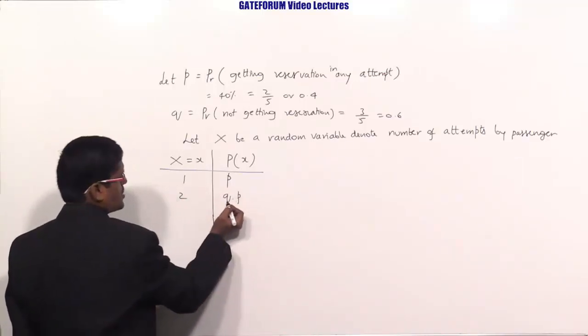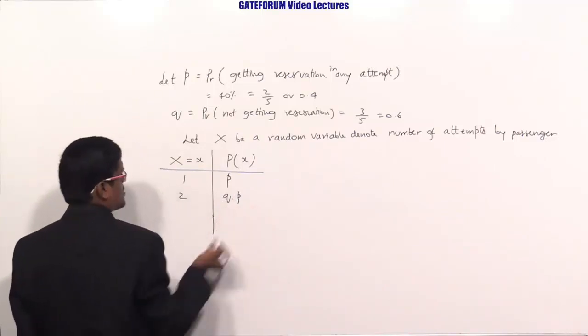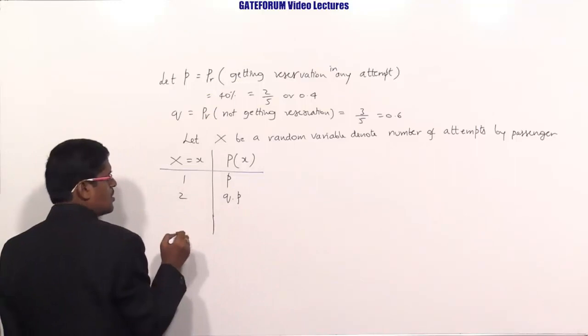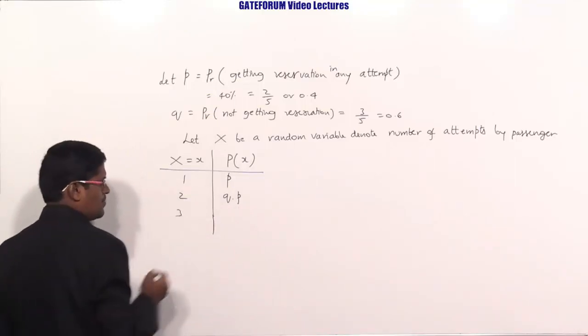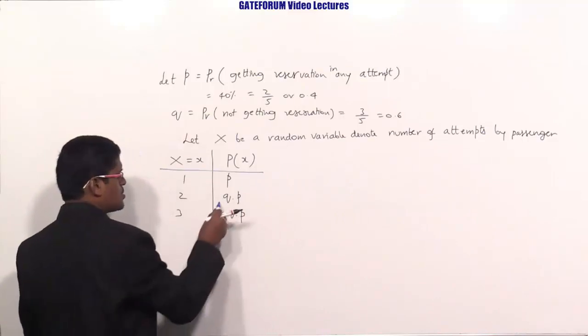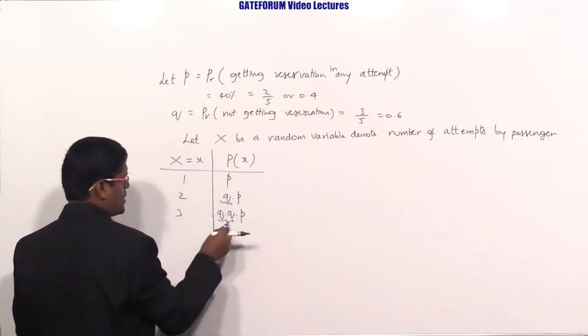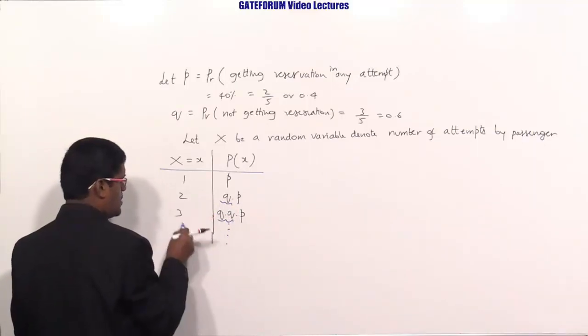What is first Q? First attempt not reservation, second attempt getting reservation. If second time also not getting reservation, then he has to try third time. So first 2 times fail, Q into Q into P. What does this Q mean? Failure, that is not getting reservation in that number of attempts. So this is continuous, unlimited trials.